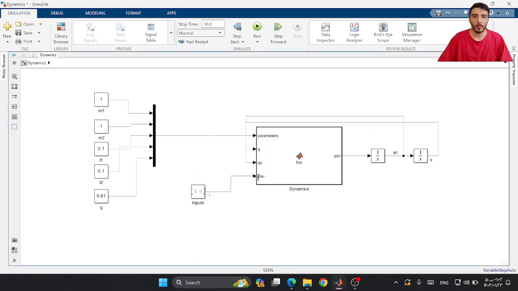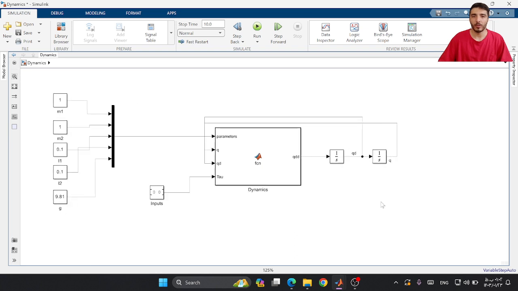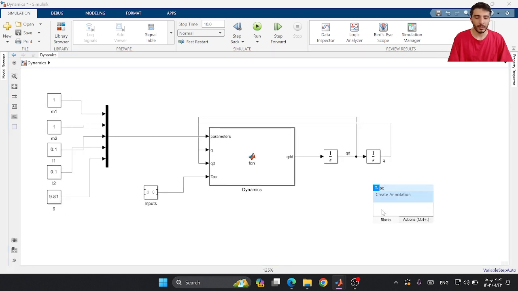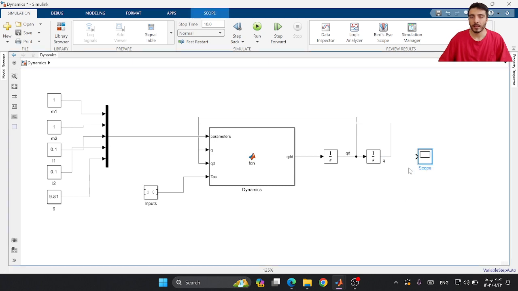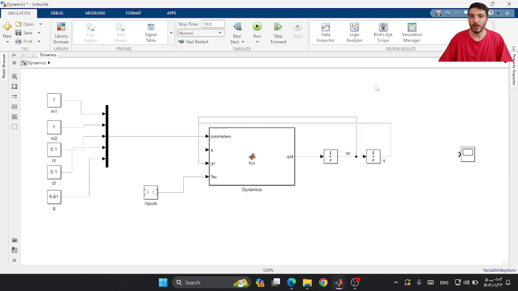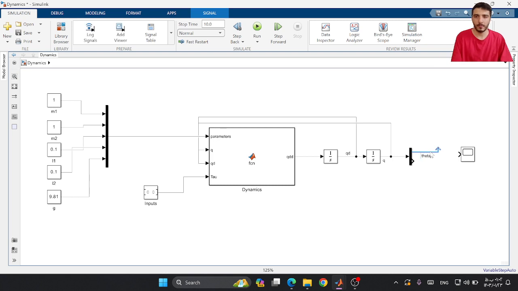And we can now show our signals. I want to add a demux here to extract both theta 1 and theta 2.